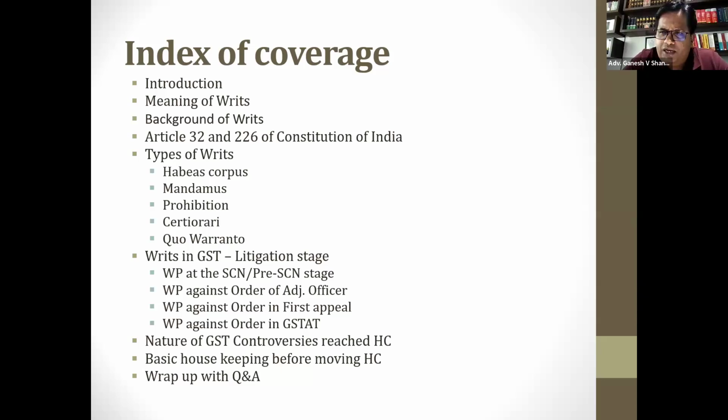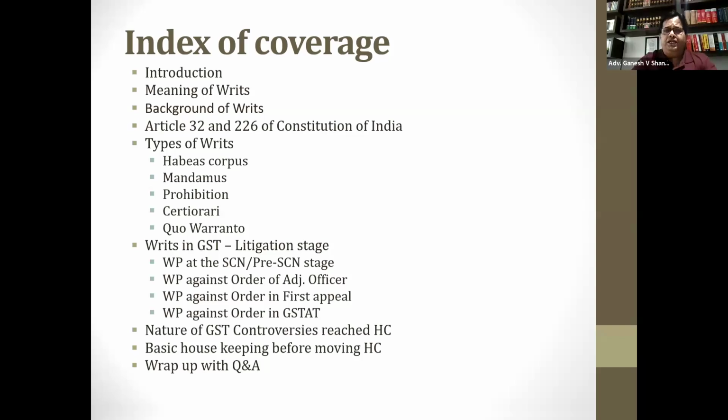And the basic to-do activities, some pre-check precautions and housekeeping we need to ensure before going for these writ remedies, because these remedies are not without restrictions. There are restrictions and conditions subject to which you need to avail these remedies. Ending with Q&A, maybe the last 10 to 15 minutes of this next one hour.